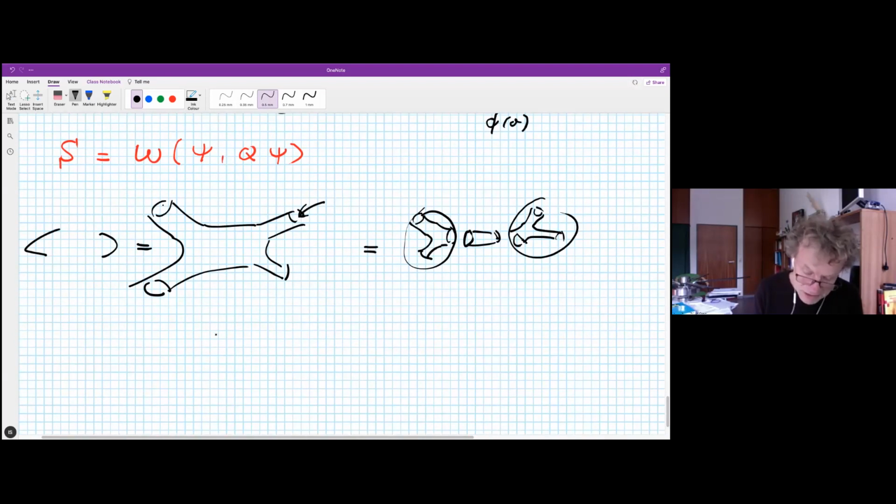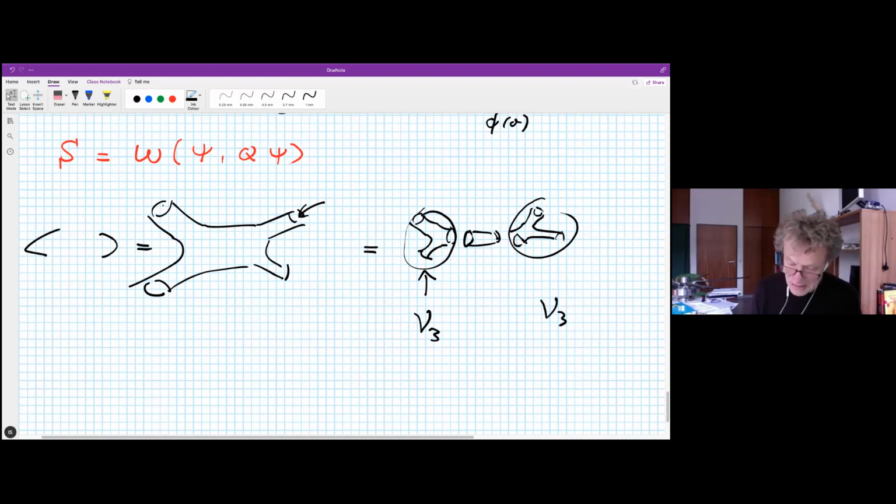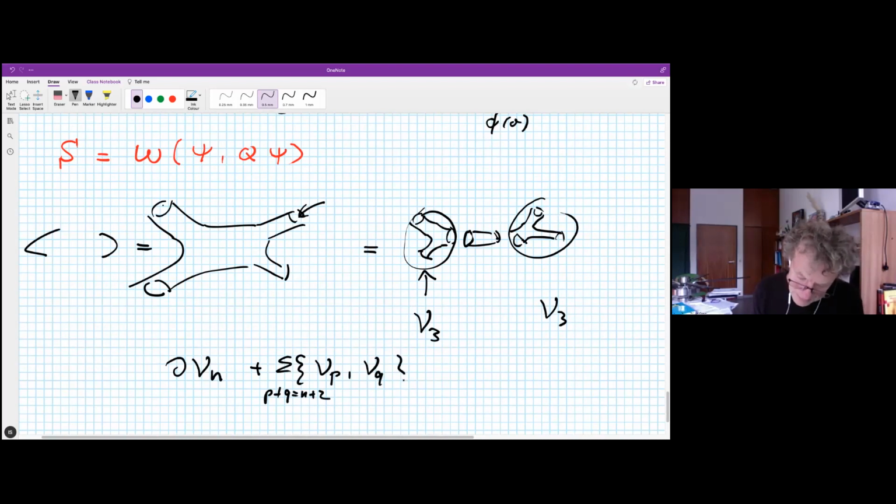There is an equation which describes precisely that. You say this is a vertex, a geometric vertex, nu 3, because it has 3 punctures. This is a nu 3, has 3 punctures. And more generally, you take d nu with n punctures plus, what do you write like this? P, Q, P plus Q equal n plus 2, equal to 0.